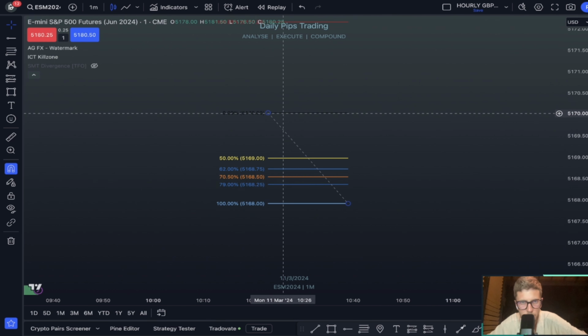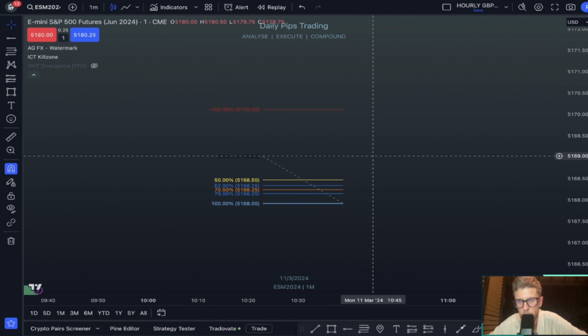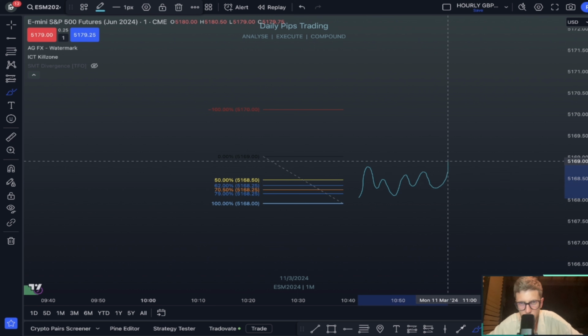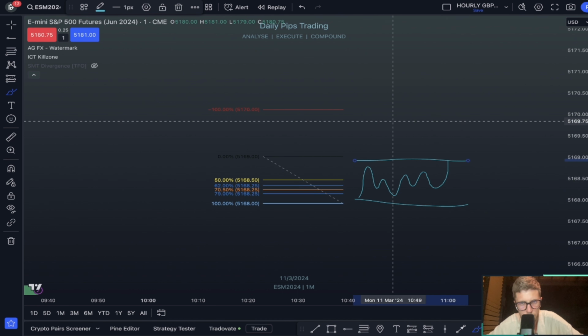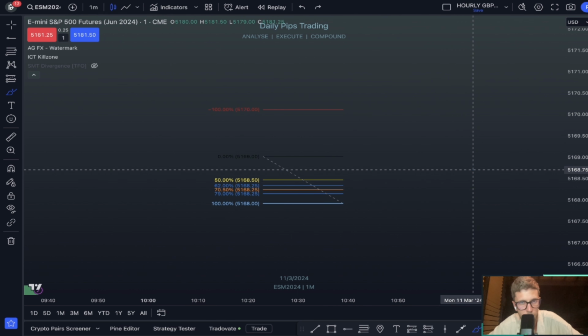One of them is one standard deviation. Why do I do that? Because I always want to know, if we have a ranging market right here, what is the range itself and how much it is if we take that range and double it, right? How far away from it are we?